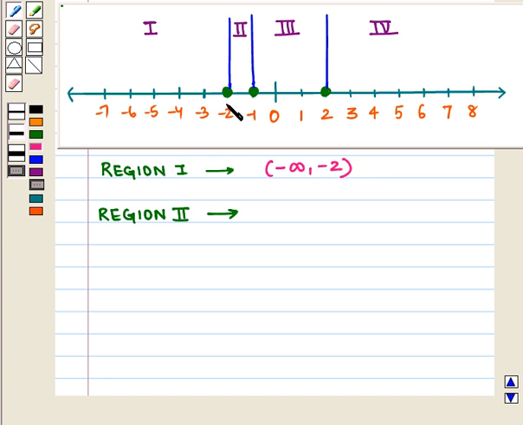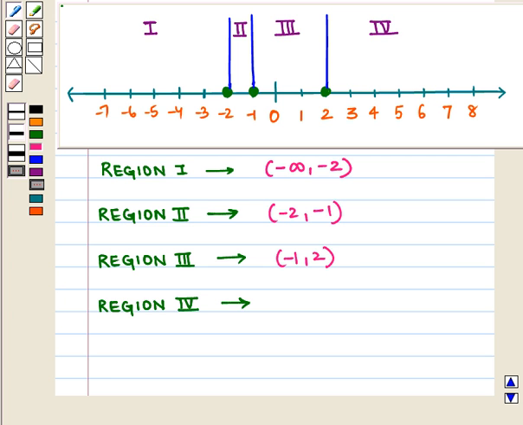Region 2 has values lying between -2 and -1, that is the open interval (-2, -1). Region 3 has values lying between -1 and 2, that is the open interval (-1, 2). And region 4 has values greater than 2, that is the open interval (2, infinity).